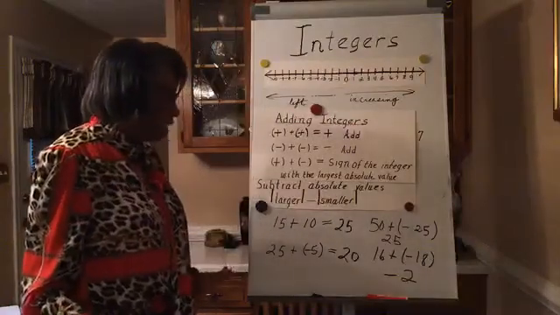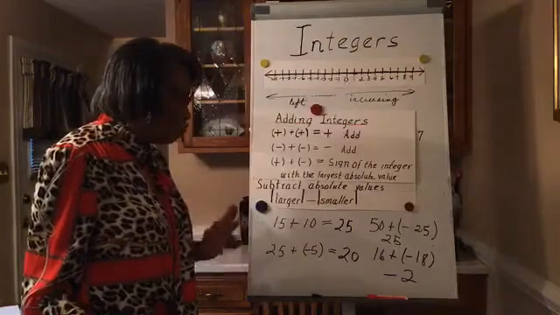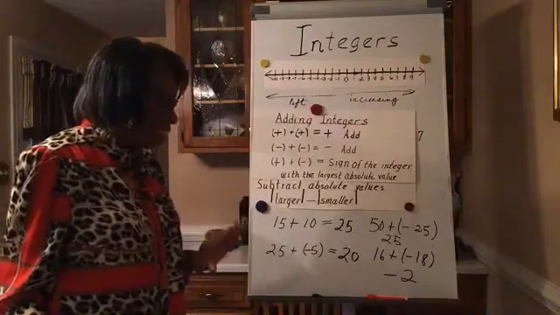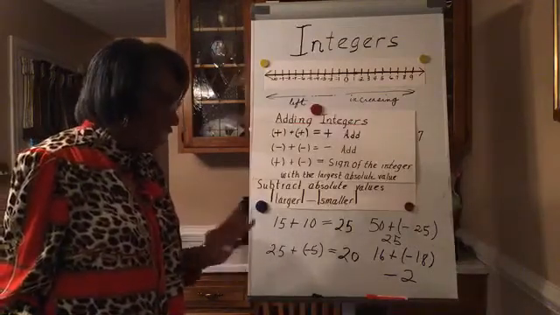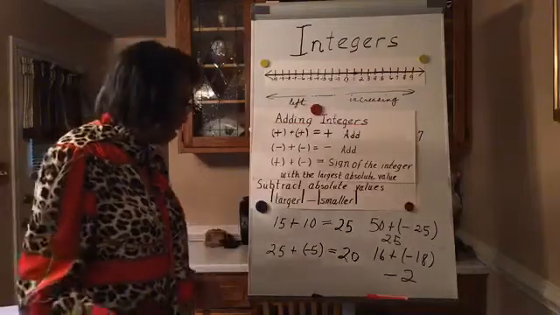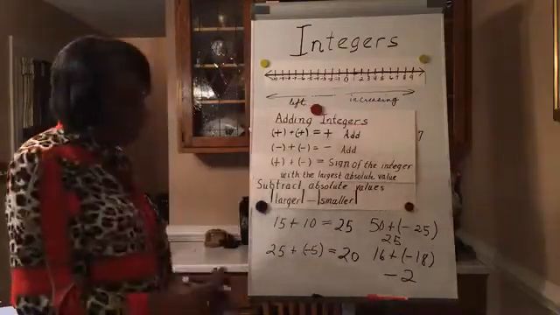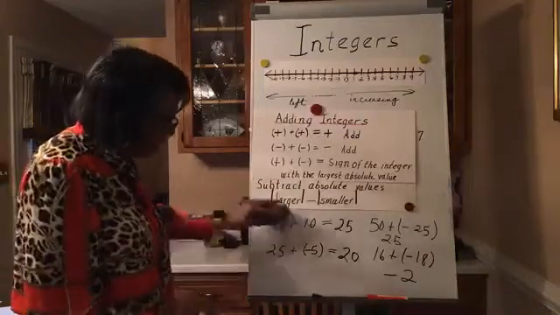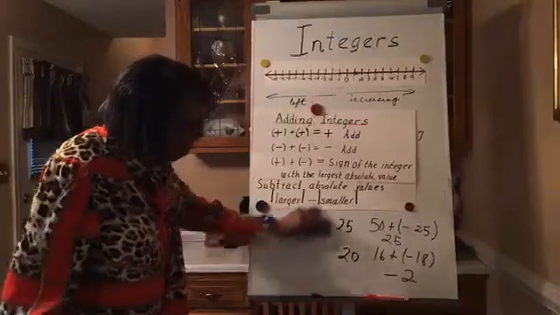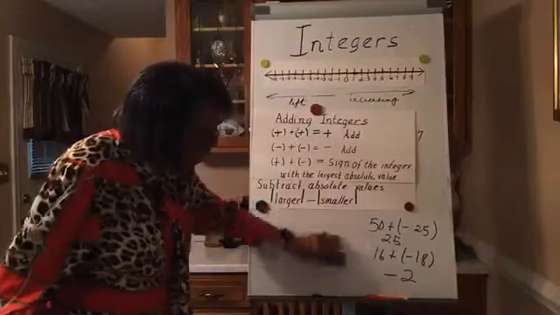All right, so let's do a few more that I don't have up here already. Some other types. I'm going to erase these two because I know we're finished with those.